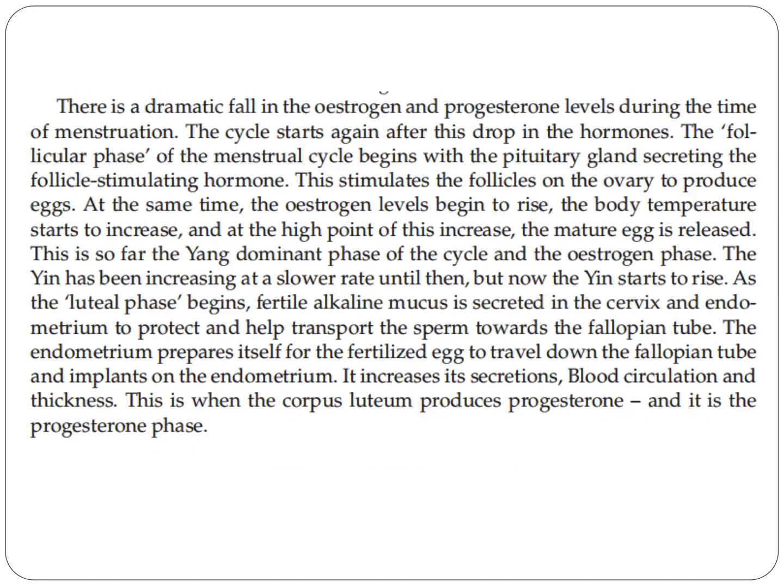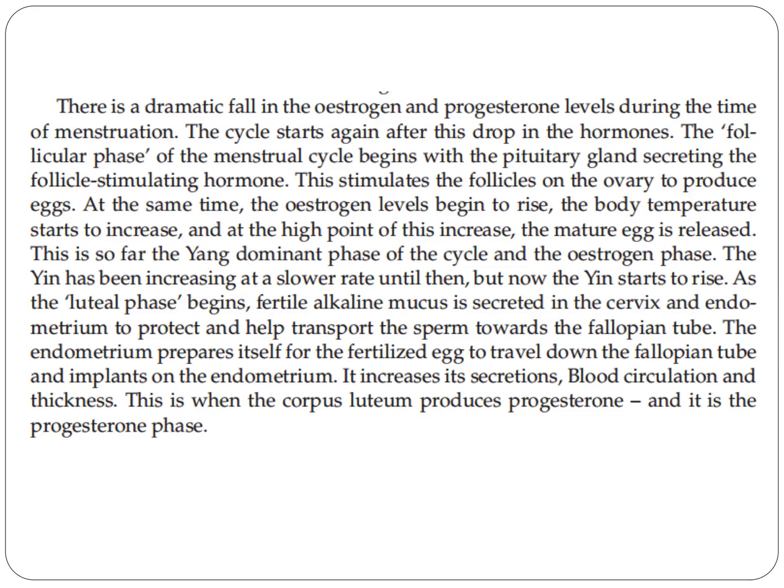There is a dramatic fall in the estrogen and progesterone levels during the time of menstruation. The cycle starts again after this drop in the hormones. The follicular phase of the menstrual cycle begins with the pituitary gland secreting the follicle-stimulating hormone.